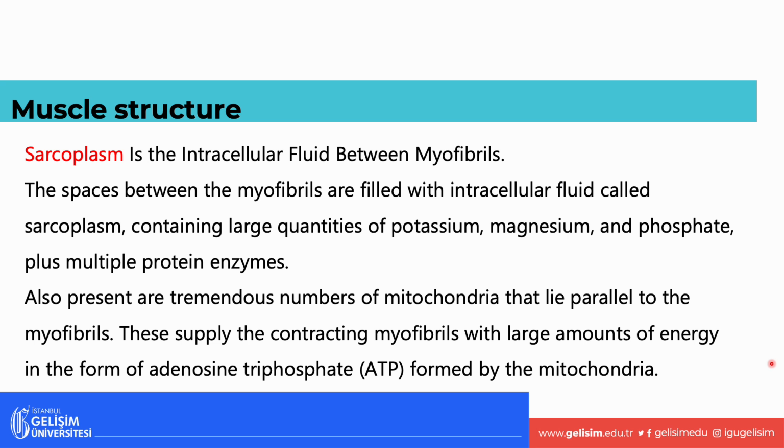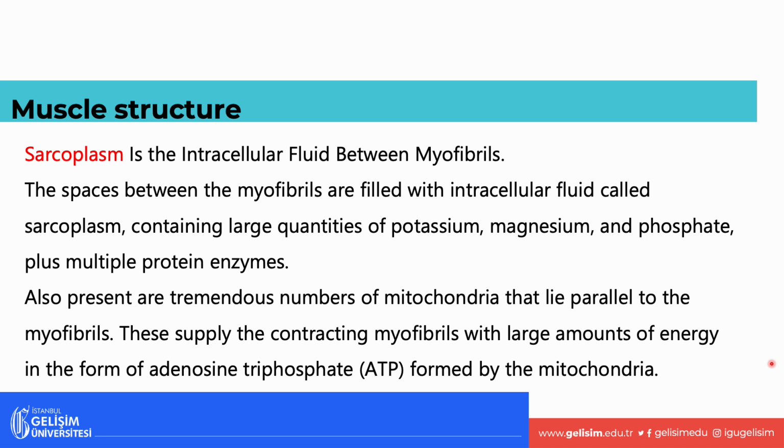Okay, the intracellular fluid that fills the space between myofibrils in muscle fibers is called sarcoplasm. Sarcoplasm contains a high amount of potassium, magnesium, and phosphates, as well as numerous protein enzymes. One of the most important components of the sarcoplasm is the mitochondria, the organelles that supply the contracting myofibrils with the large amounts of energy that they need.